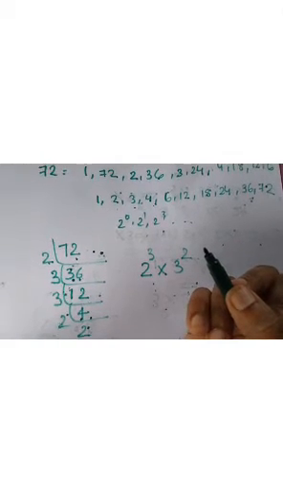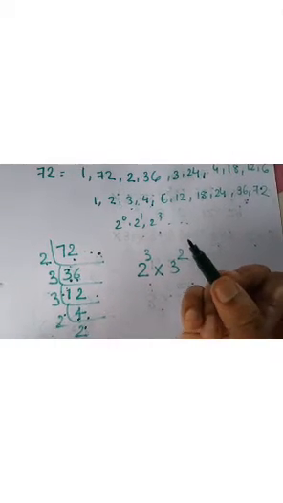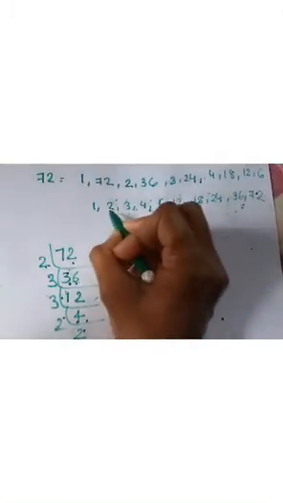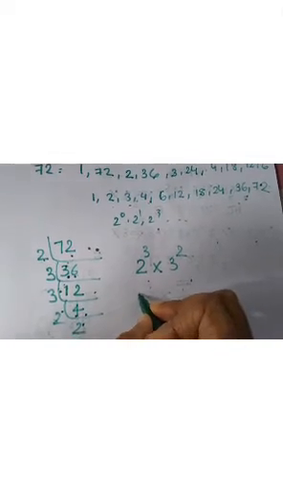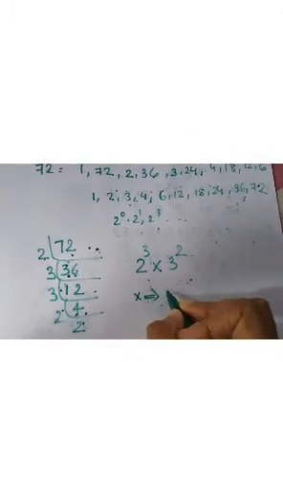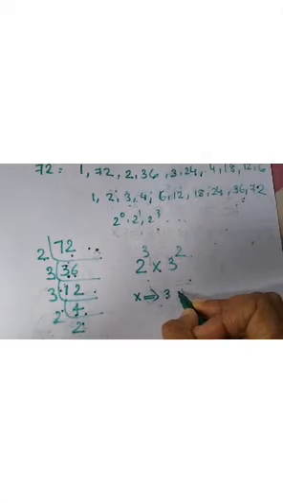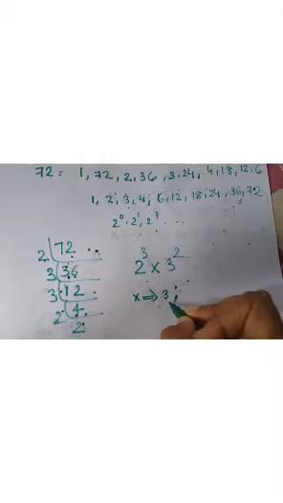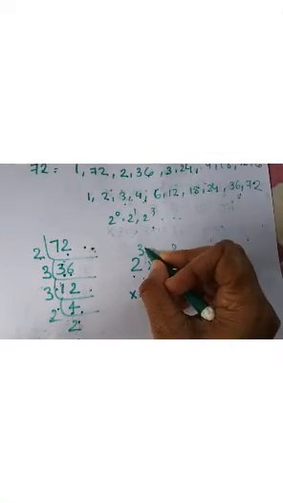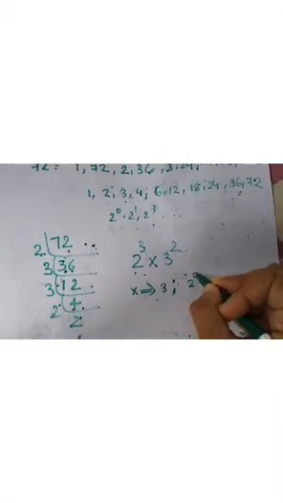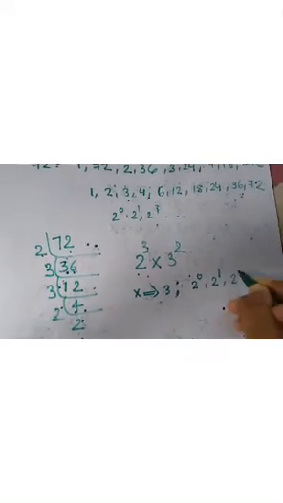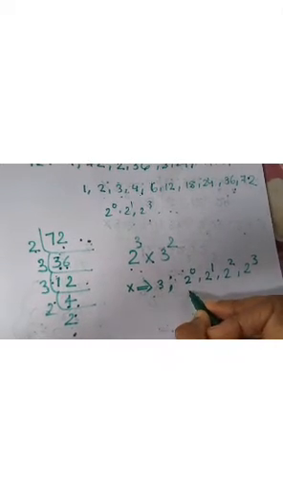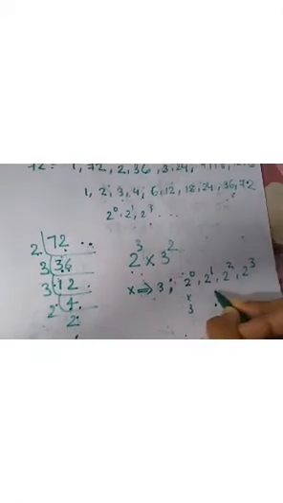From the prime factorization, we can find the factors. First, we multiply by 3. Here the highest power of 2 is 2 raised to 3. So write in order 2 raised to 0, 2 raised to 1, 2 raised to 2 and 2 raised to 3. Each term is multiplied by 3.